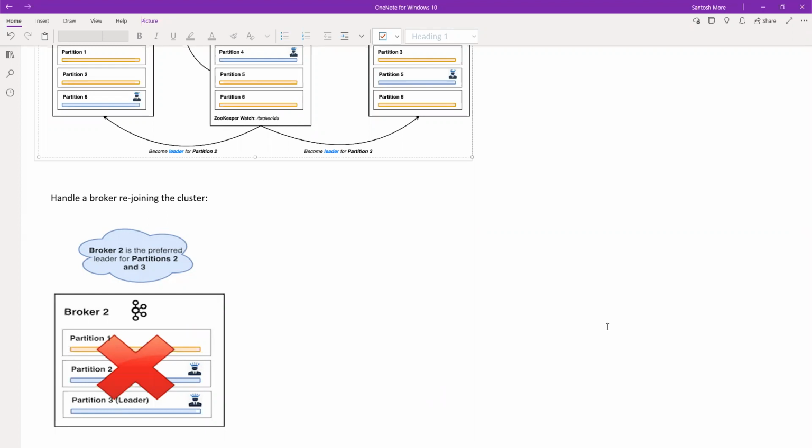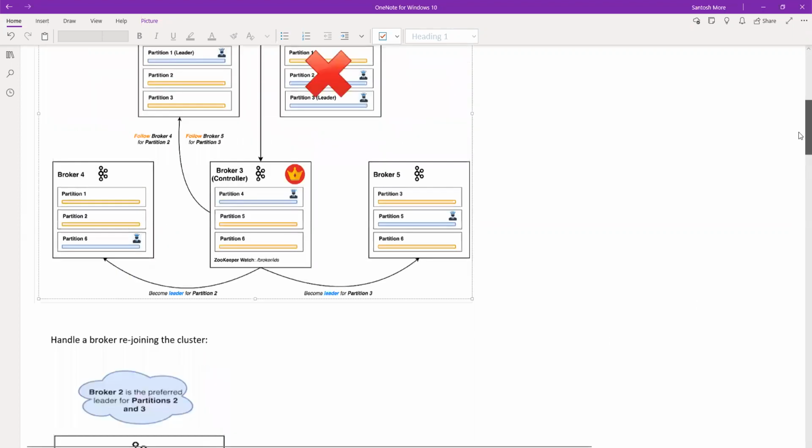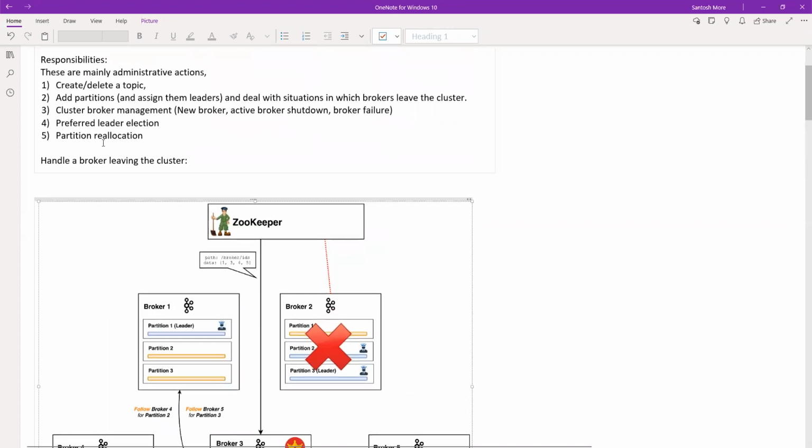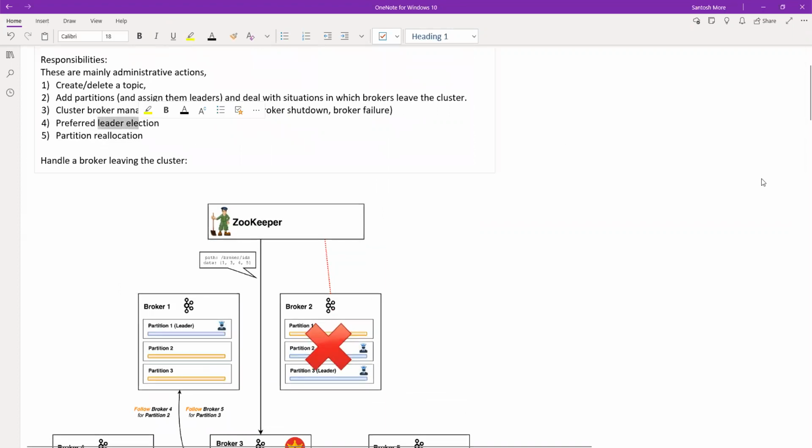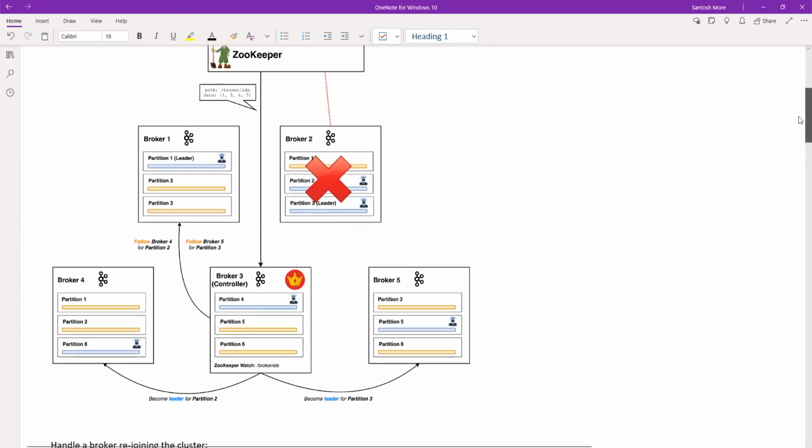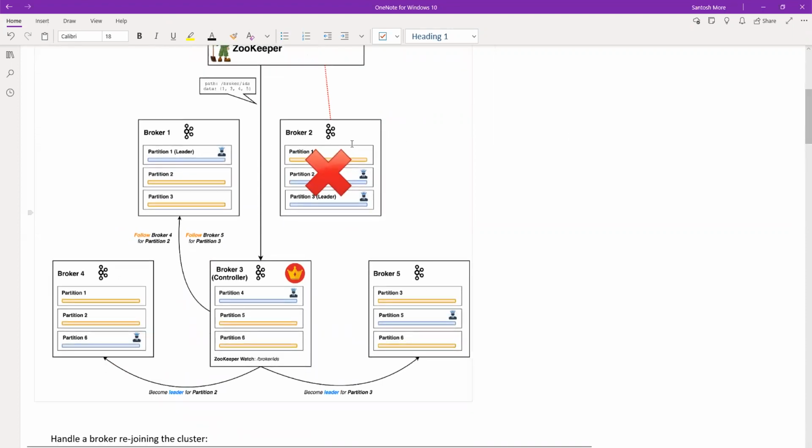What this scenario talks about is a preferred leader election. Before broker 2 went down, if you look at the whole cluster, the way the partitions were assigned was the most optimal way to assign them, because it was rebalanced automatically, if that feature is enabled.